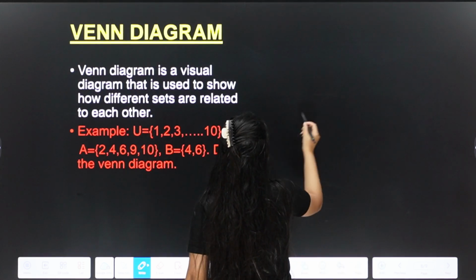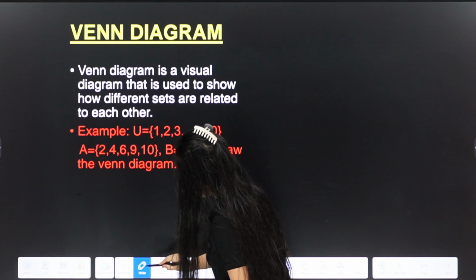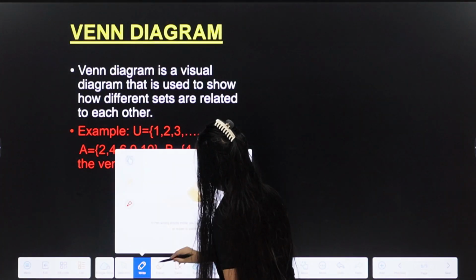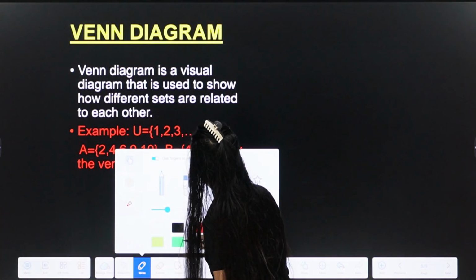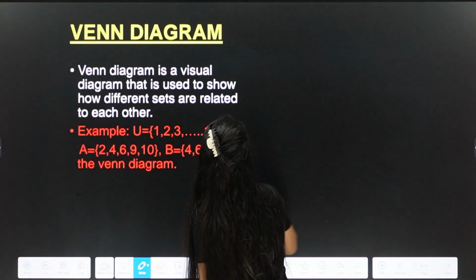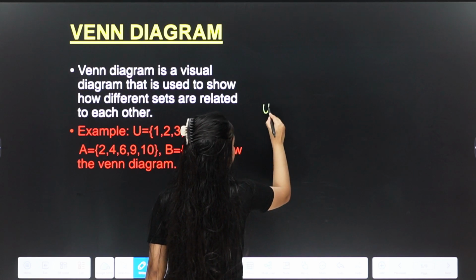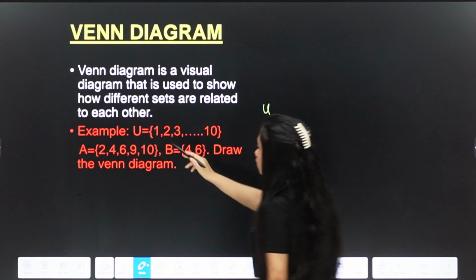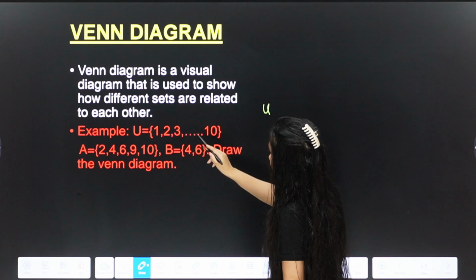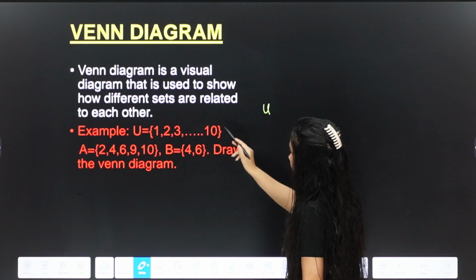So if we want to draw the diagram, here U is given. U starts from 1, 2, 3, 4, 5, 6, 7, 8, 9, 10.